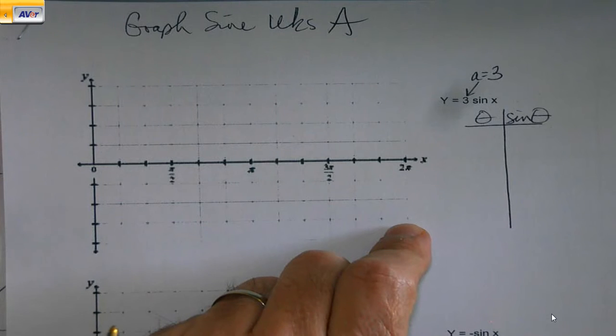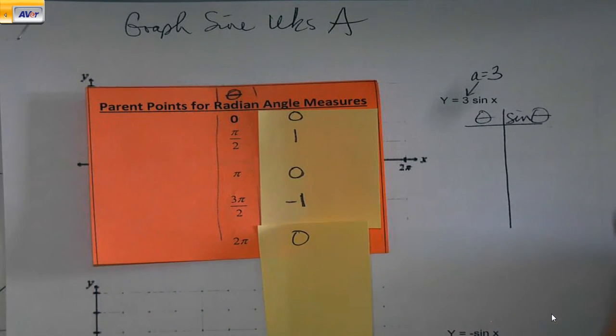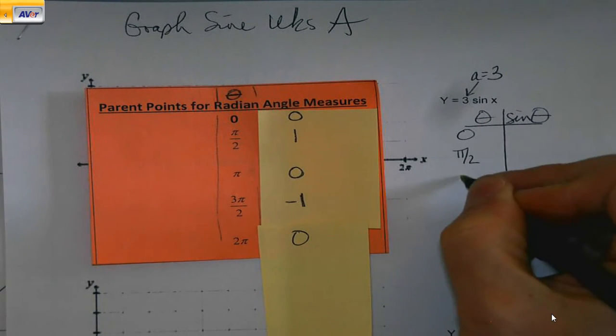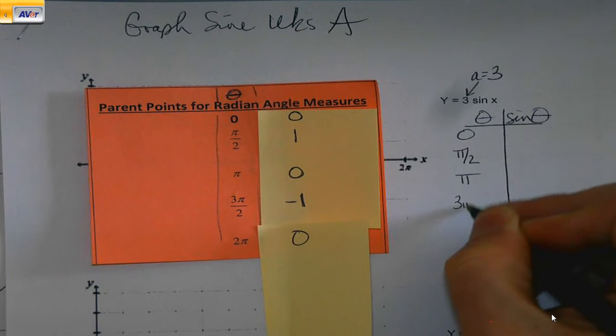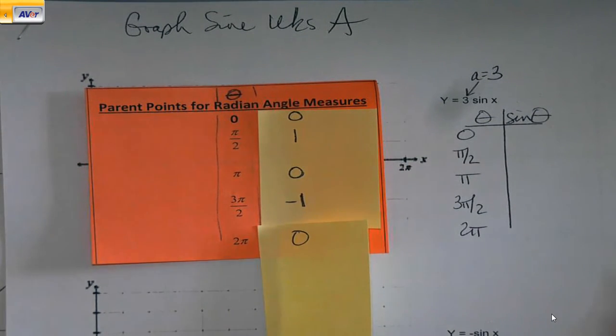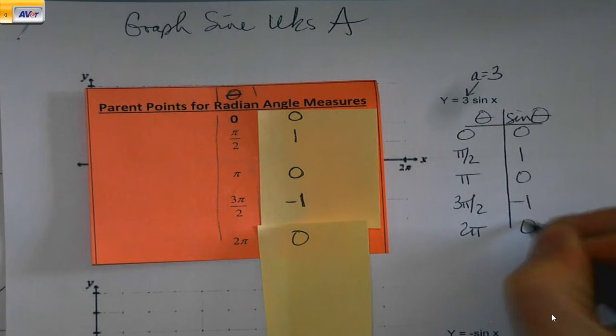It's not a bad idea. We've got our parent points here: 0, pi over 2, pi, 3 pi over 2, and 2 pi. And then we have our sine values: 0, 1, 0, -1, and 0.